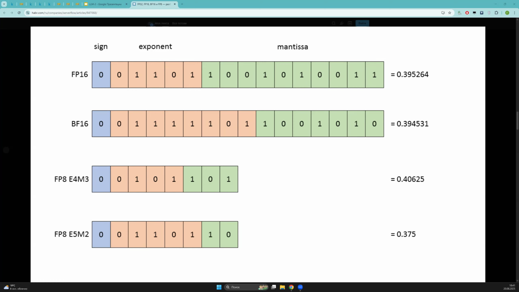Yep. So the goal is to use less memory and less compute because we are always constrained by memory and compute, but to remain as precise as possible because these number formats aren't random. They are specifically designed to use less memory, but to be as precise as possible. So of course, if you want to train larger models, you naturally want to use less memory.